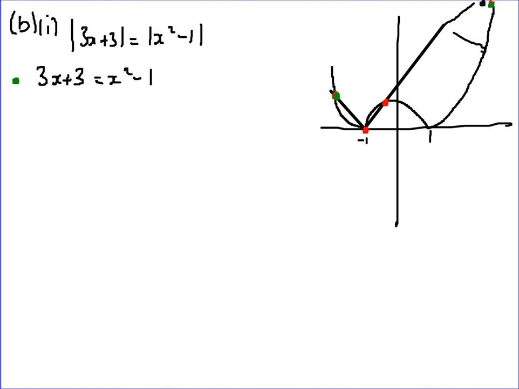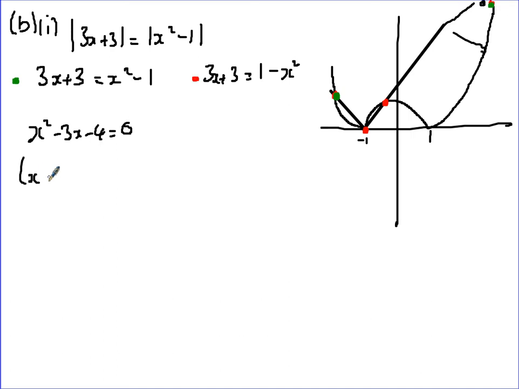And we've also got when 3x plus 3 is equal to 1 minus x squared, because it's the opposite of this. This graph here in effect is if it was flipped over in the x-axis, so you times it all by minus 1. So we solve this x squared, take your 3x over, and take your 3 over.